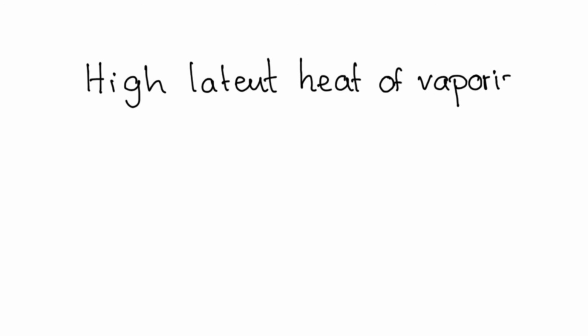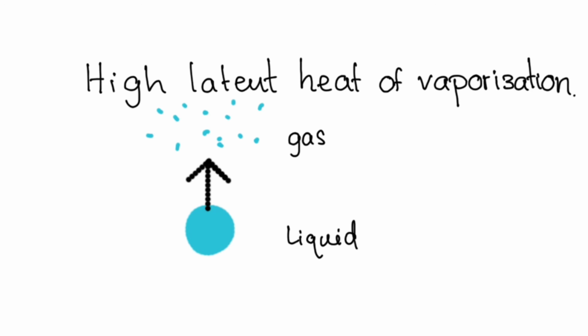Then we'll move to the next property, that is high latent heat of vaporization. Here the heat energy needed for water to change from its liquid state to gaseous state is high. That energy is called the latent heat of vaporization.